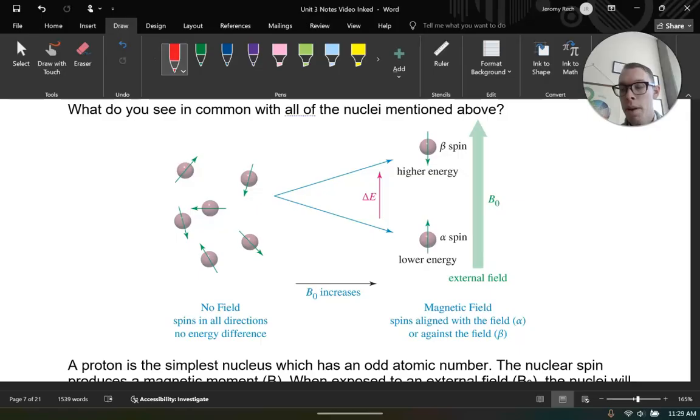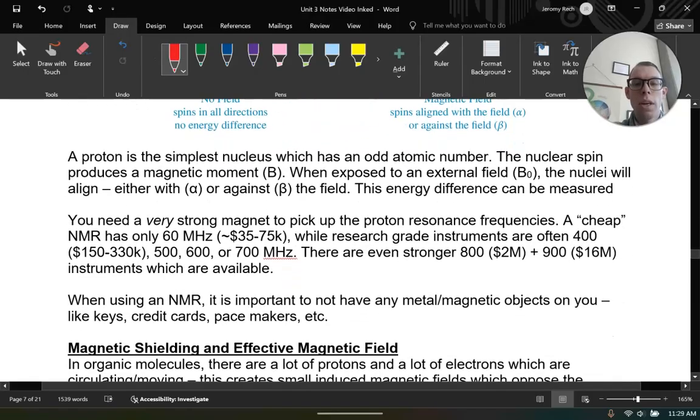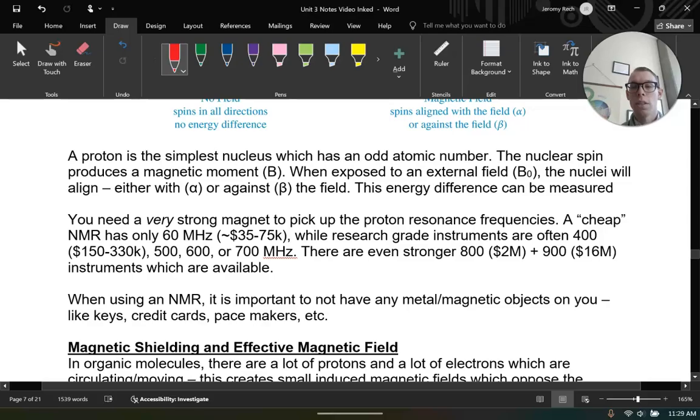Now, in order for this to happen, we do need that really strong magnetic field. To do this in the actual spectrometer, and in class I'll show a few pictures, including the one that we have here on campus, you need a very, very strong magnet. So this is a very large device.